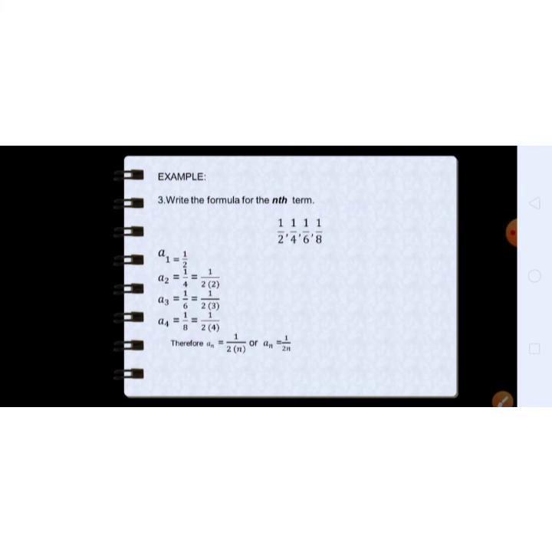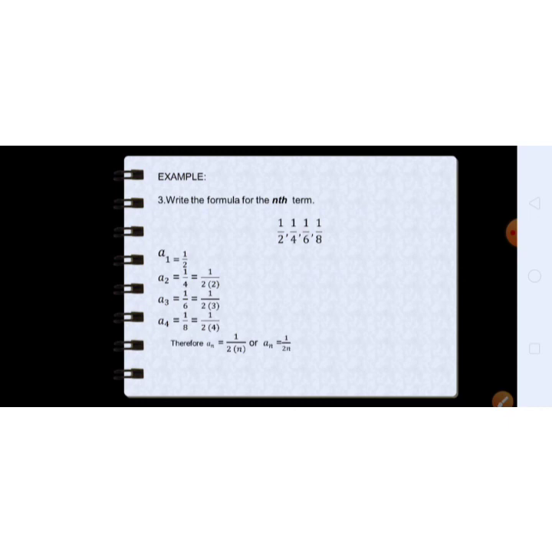So as we can see, the denominators of the given sequence are even numbers, so we use the formula 1 over 2n.